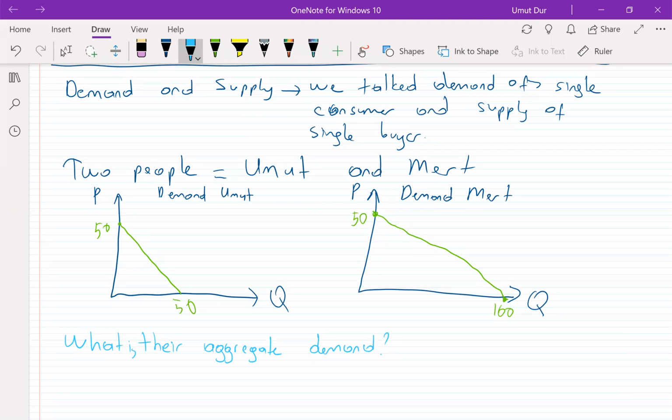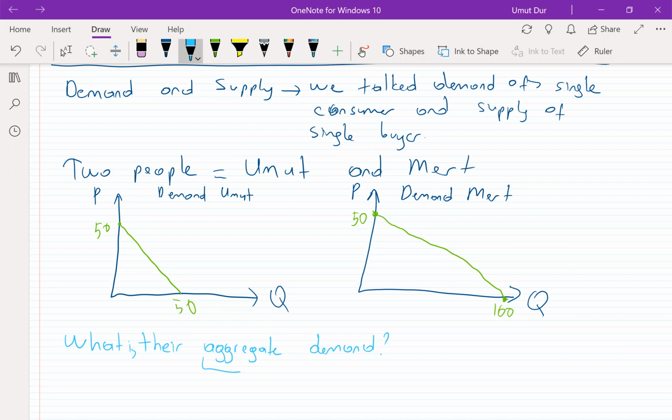For the aggregate demand, I want to sum up their demands for each price level. It is basically just summing up.